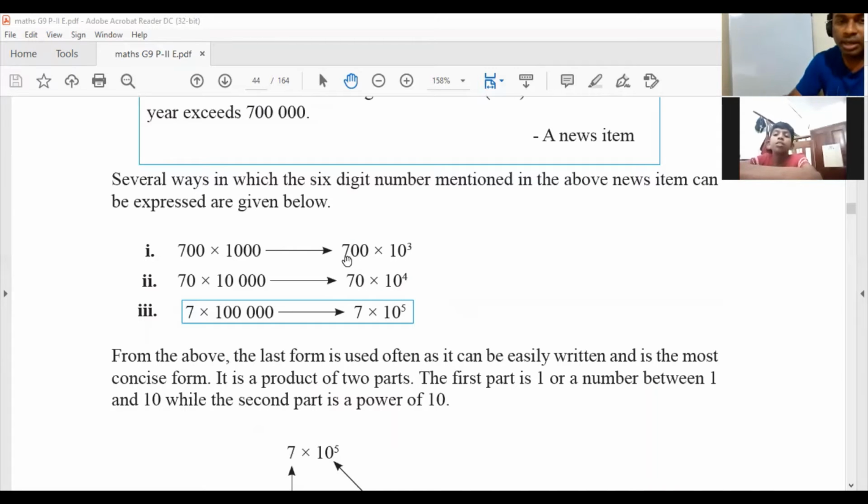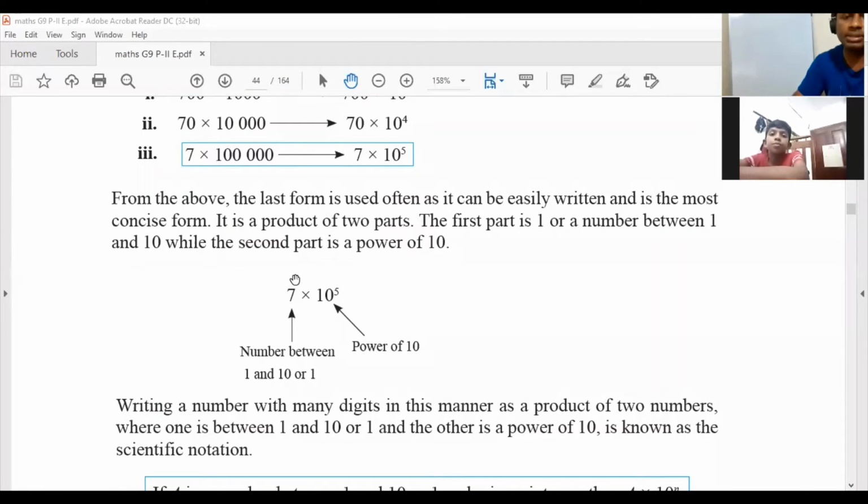Here there are 5 digits, here 4 digits, but here only 3 digits. This is less than the others. That means this should be selected as the shortest form of writing the given number, which is the scientific notation. So this is the standard form of the scientific notation.